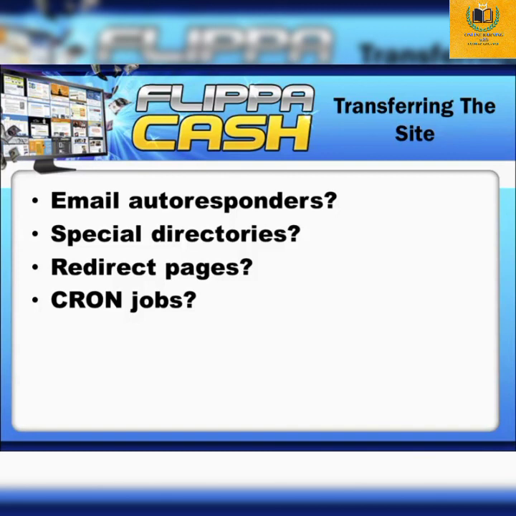So what you got to do is go into your cPanel, go to cron jobs, and see if there are any cron jobs there. If there are, you're going to want to copy those and have them installed on the new server as well, so things keep running. Okay, especially if it is something that has to do with delivering files or doing billing stuff, all that. A lot of times those have cron jobs.